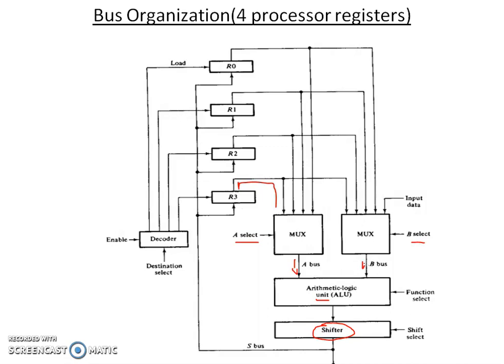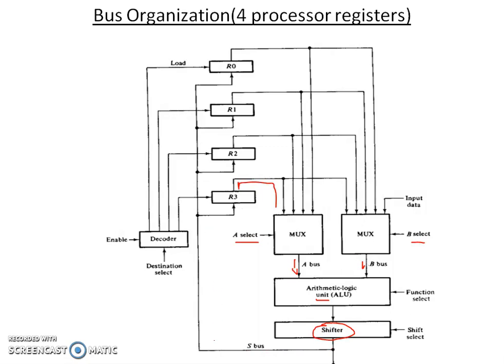They are given as input to the ALU, which performs any arithmetic operation that is required, and then the result is loaded to the shifter. If any shift operation is required, that is also done in the shifter, and the result is placed on the S bus.